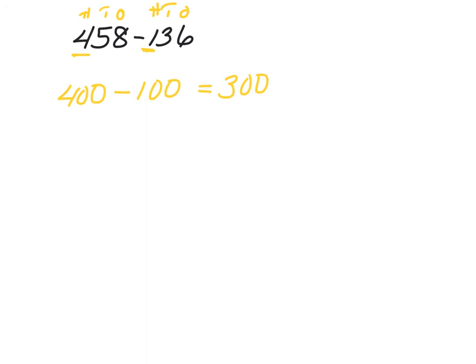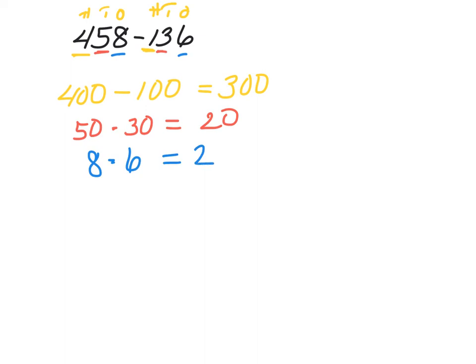Now let's subtract the tens. In the first number, there are 5 tens. And that's 50. And we're going to subtract the 3 tens, which is 30, and that gives us 20. Now, last but not least, we're going to subtract the ones. 8 ones, which is just the same as 8, minus 6 ones, which is 6. 8 minus 6 gives us 2.